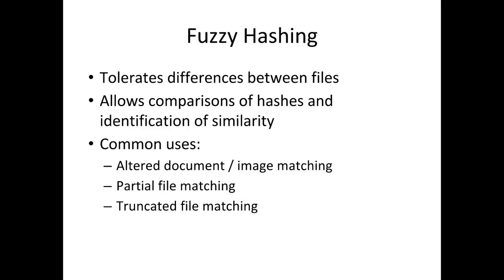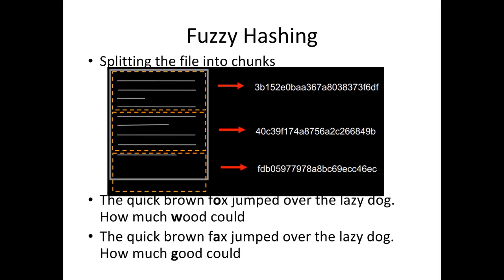So it allows you to make comparisons of hashes and give an indication of the similarity between two files. So if there's some document that's been altered, or part of the image has been altered, then you're able to match part of the file. If all of the file isn't there, you're able to match again on part of that file. So it's quite important technology to develop.